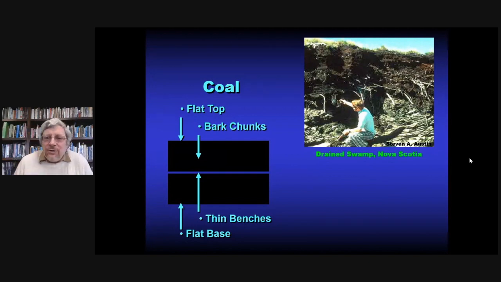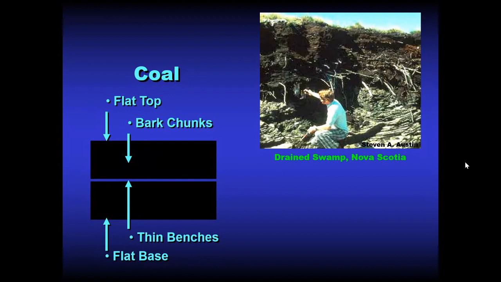Steve is pictured here in one of his less conservative days, in terms of clothing, looking at a drained swamp in Nova Scotia. And we have the black plant material that could form into coal in theory, but running through it, what do you see? Those white things sticking out are roots.